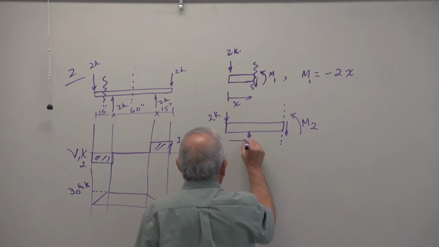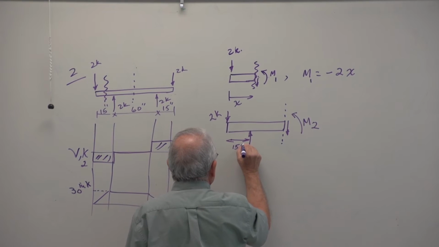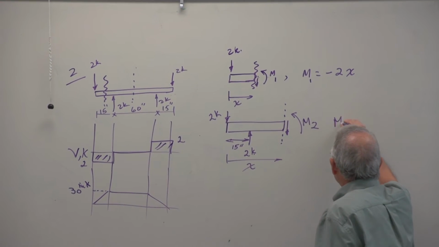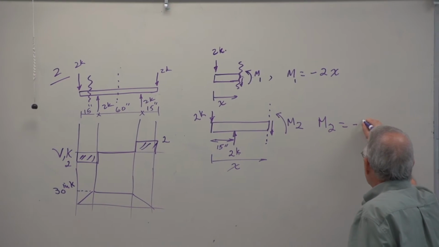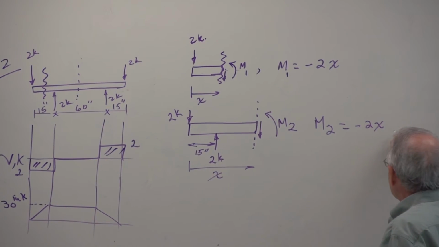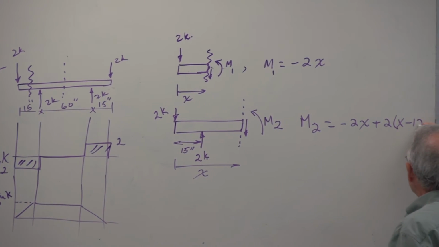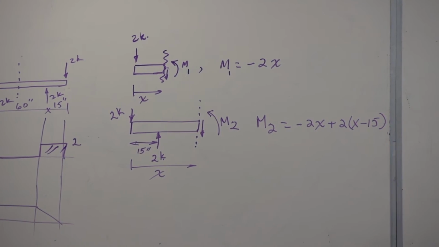The distance from here to here now is 15 inches, and that's the value of x. So m2 will be equal to minus 2x plus 2 times x minus 15.